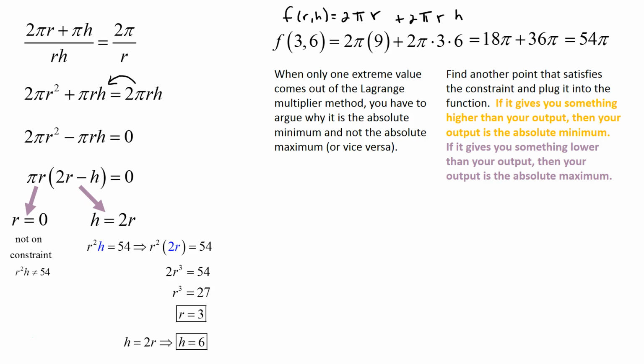If the outcome that you get is more than what you got before, then that means that what you got before must be an absolute minimum. If that output is less than what you got before, then what you got before must be an absolute maximum.